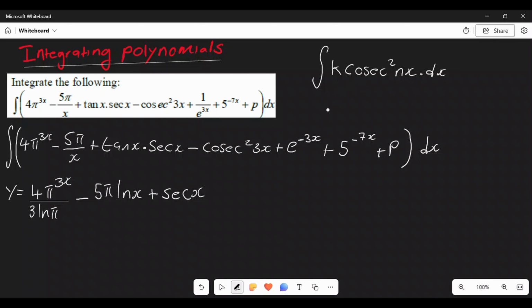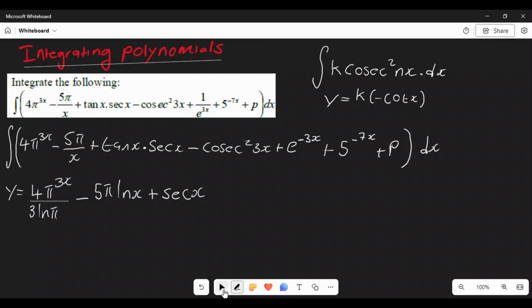So in order for you to integrate this one, now you have to write it like this. It's gonna be k, right? What is the integration of cosec square? It's actually negative cot x.